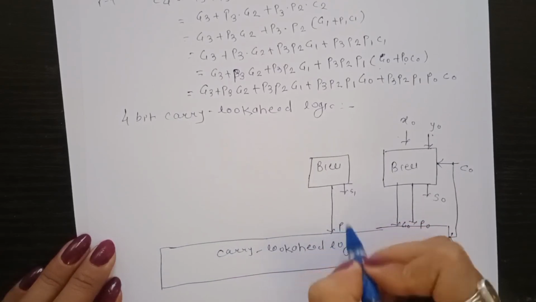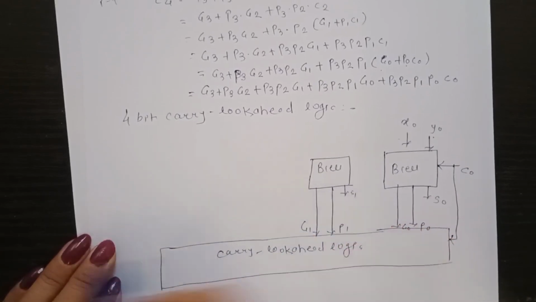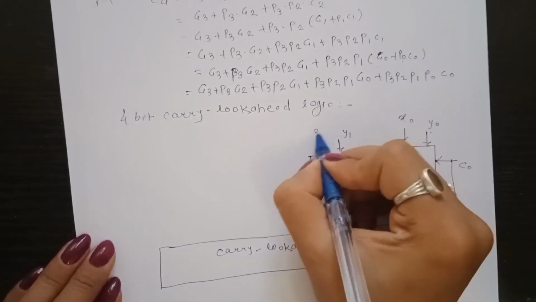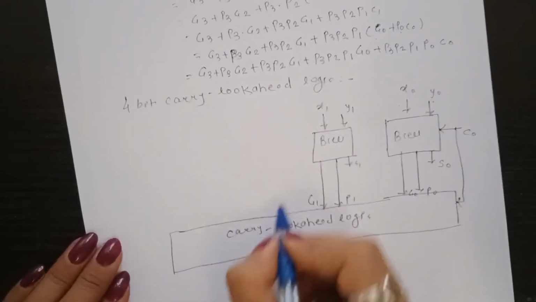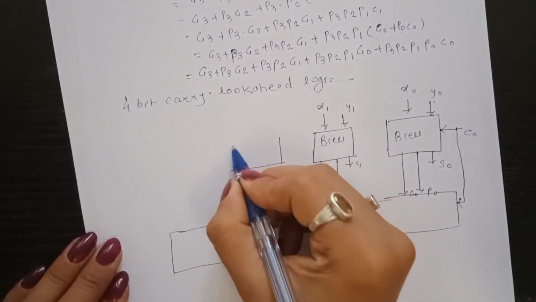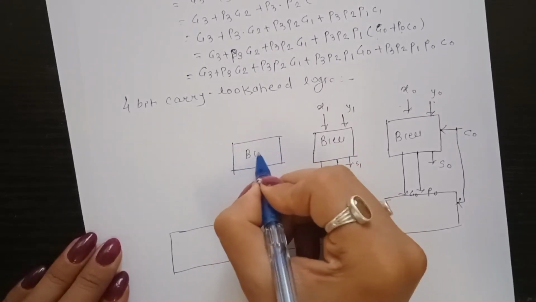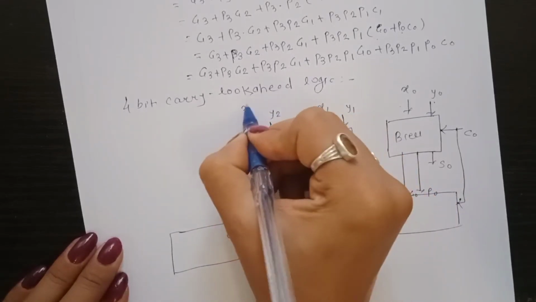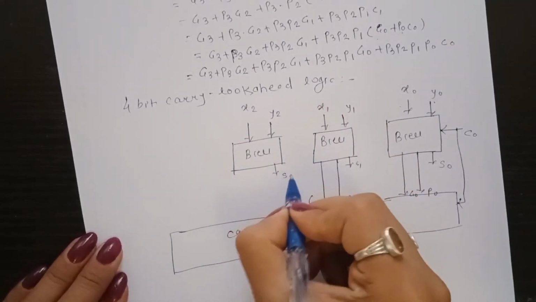Propagate function is P1. Generate function is G1. Inputs are Y1 and X1. Then another block, B cell. Inputs are Y2, X2. Sum will be S2.